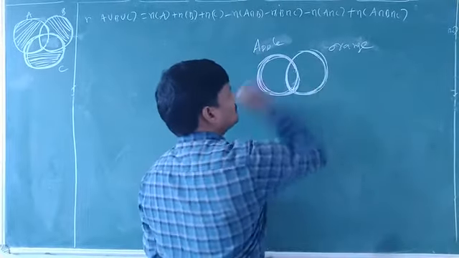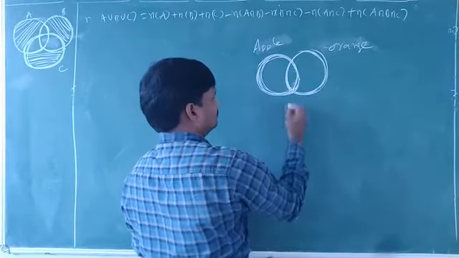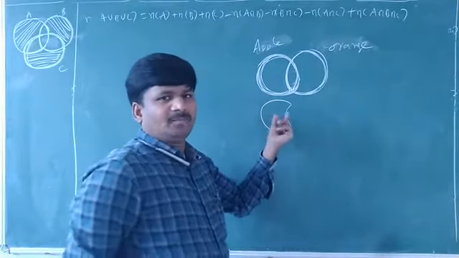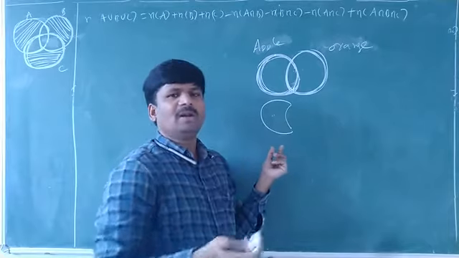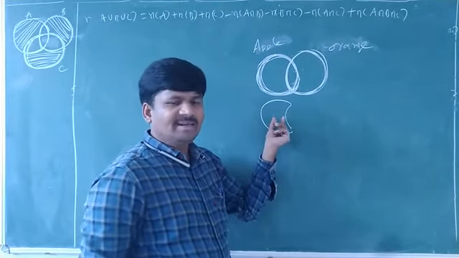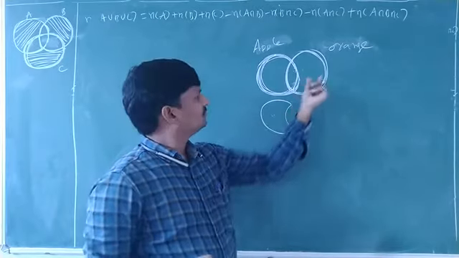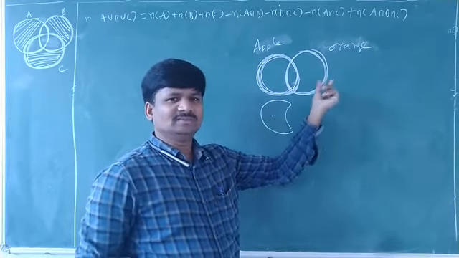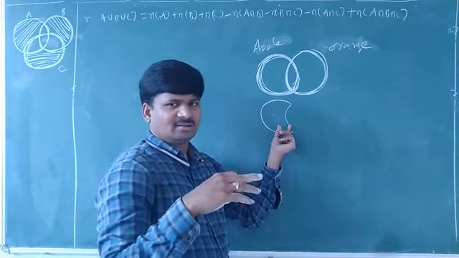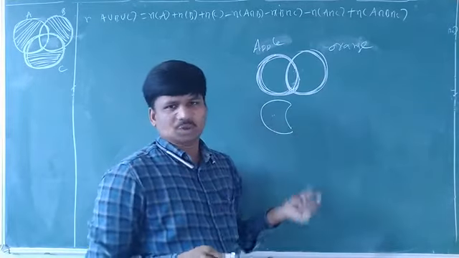This one orange juice. What about this part? Only apple juice. Who the students are, the people who like only apple juice. That means these students will not drink orange juice. Those will be interested in only apple juice. They dislike orange juice.